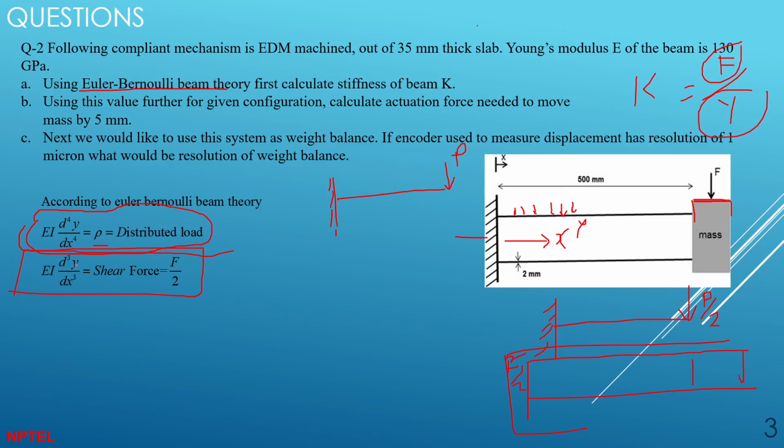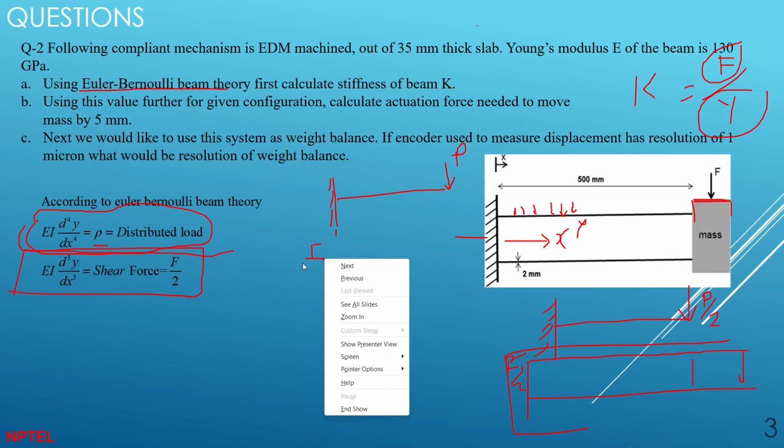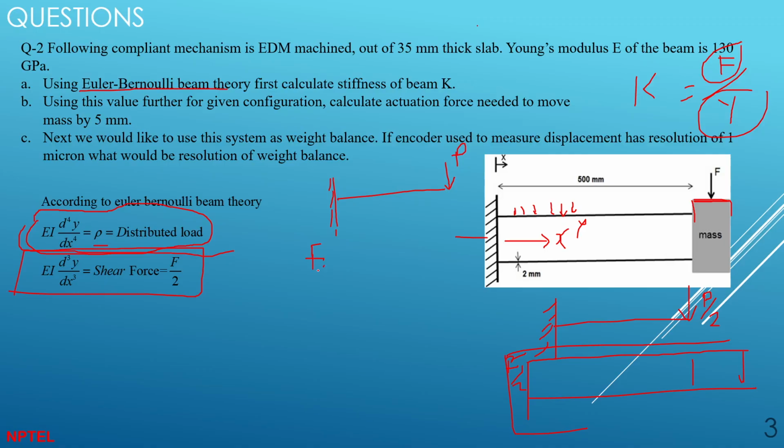And in order to find the displacement, which is Y, how do you solve this kind of equation? You need to integrate it three times. If you integrate three times, you will get three constants, right? If you integrate once, you get F by 2 x.